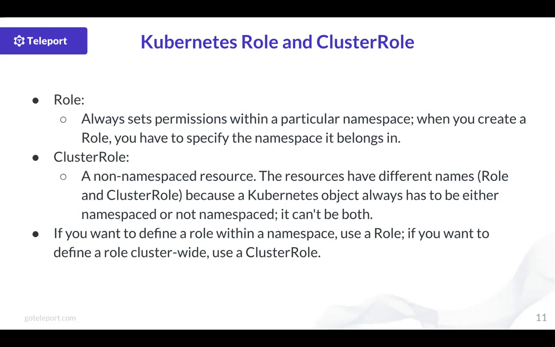It can't be both. If you want to define a role within a namespace, use a role. If you want to define a role cluster-wide, use a cluster role. And in my demo, I'll demonstrate using a Kubernetes role to limit a group to a single namespace. So I won't be using a cluster role in my demo.